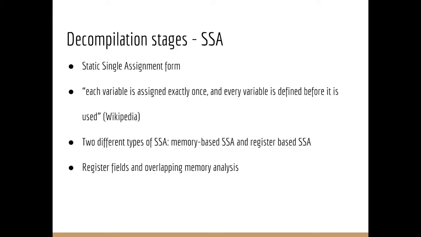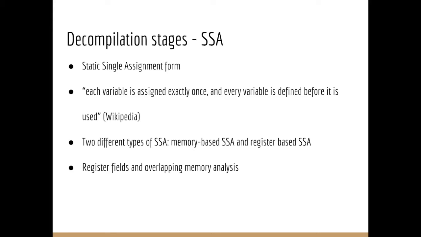So usual equations transform into more equations, where one variable can become a dozen variables. I will use an example later. And there are two different types of the SSA forming process: analysis of memory-based access and analysis of register-based access.